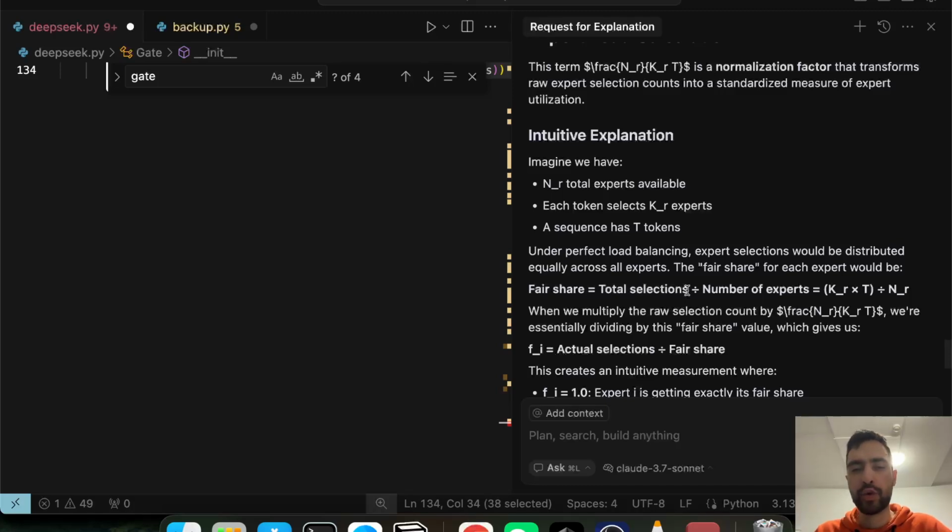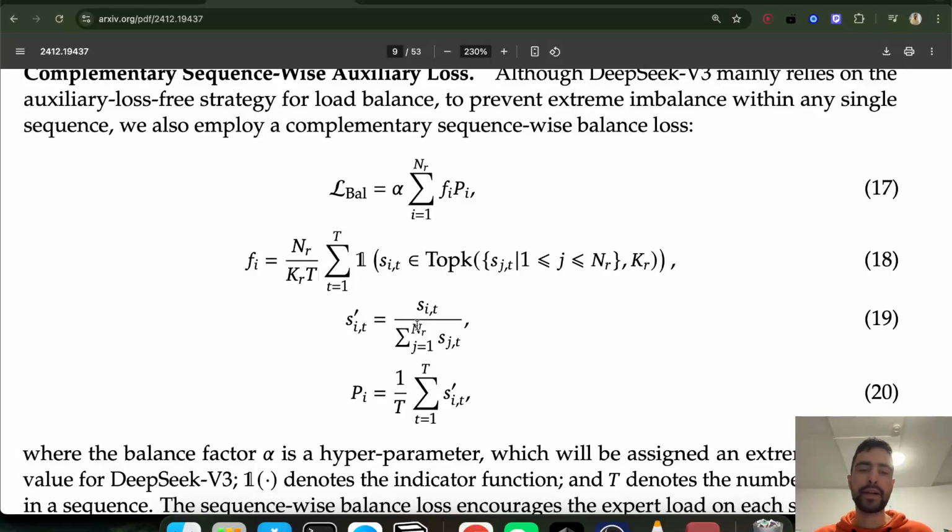And we divide that total number of selections by the number of experts. That's how we get how many times each expert should be selected ideally. But here you can see that this is inverted. Here we are getting 1 over the fair share for each expert. So if each expert should be selected 5 times, this would give us 1 over 5. So we get the actual number of times this expert has been selected over the ideal number of times it should be selected.